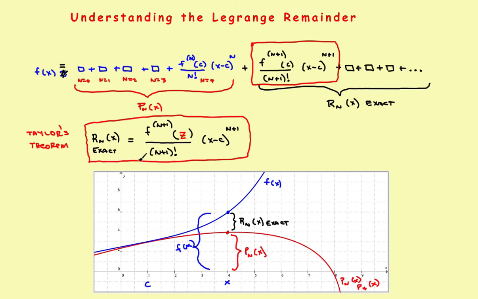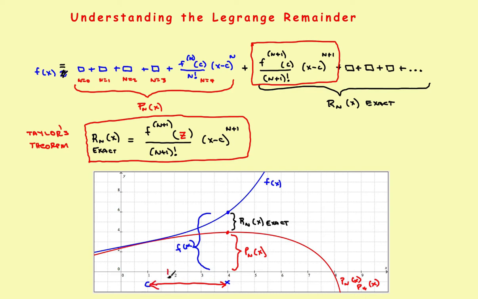And what it says is you can get the exact value of the remainder if you evaluate the n+1 derivative at some point z. Now what z is, it's a number between here and here, so between c and x, somewhere in here, and I'll just arbitrarily pick it.